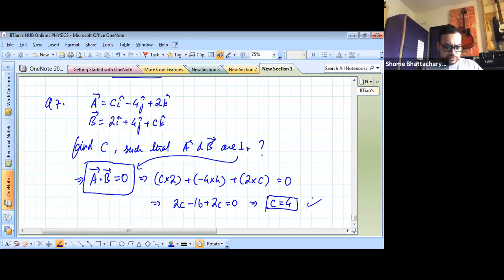Okay, so quickly note this down if you haven't done this question. And then moving on to the 8th question.